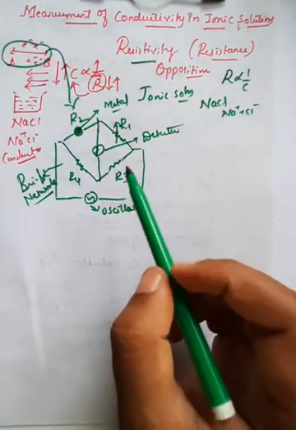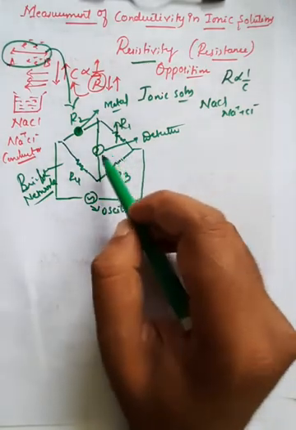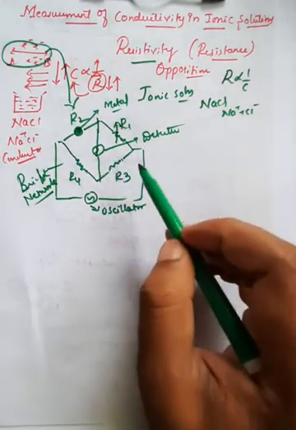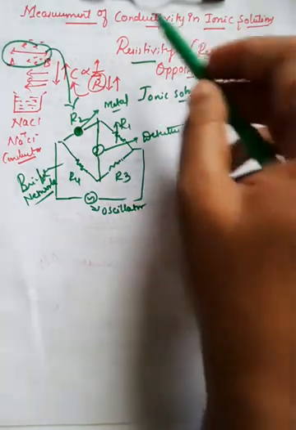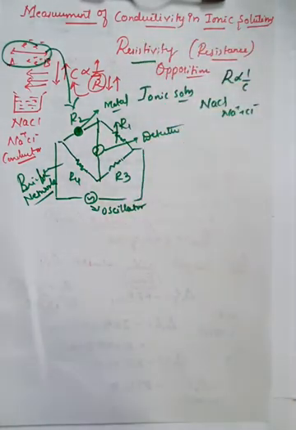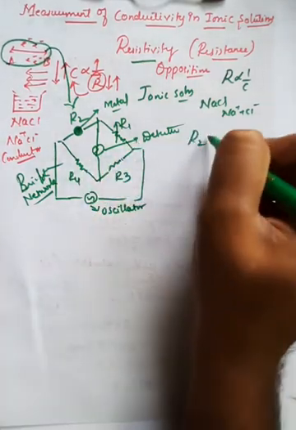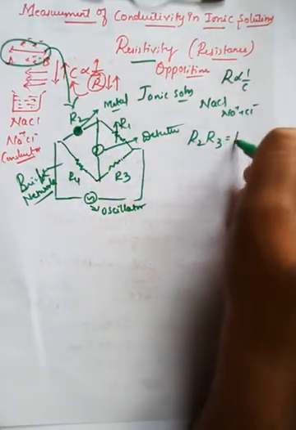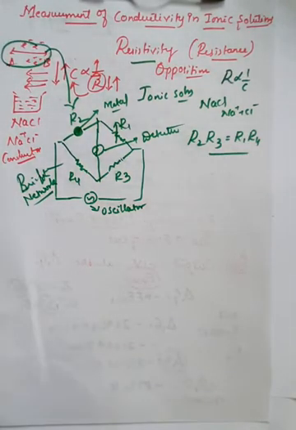Whenever some amount of electrical current is passed, we can see the deflection in the detector, or with the help of a microphone we can detect how much variation there is in the resistivity. With the help of the formula R2 into R3 is equal to R1 into R4, we can calculate one unknown value.